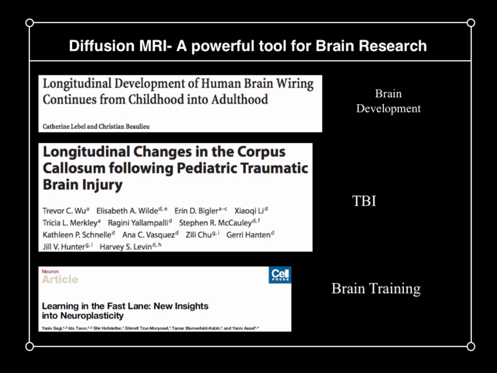People have been using it to study, as a function of brain development, what is changing, what are the pathways that change, what are the properties that change, and so on. Longitudinal changes in the corpus callosum following pediatric TBI, and also with brain training. With 2 hours of training, some have suggested that there are changes in the parahippocampal cortex, which correlates with the newly acquired information about the spatial map of a video game race layout.